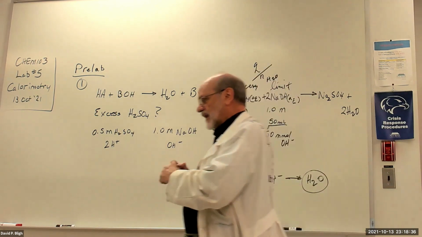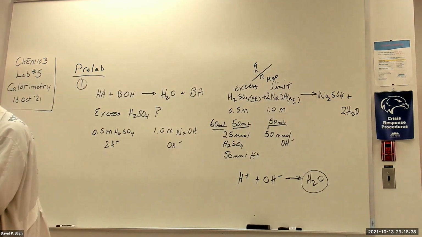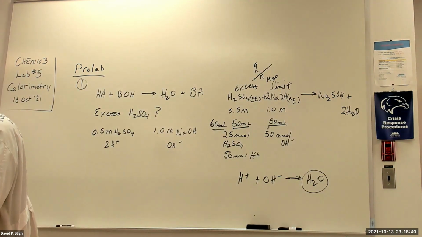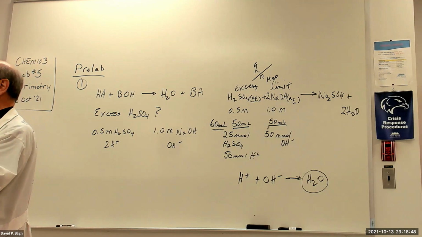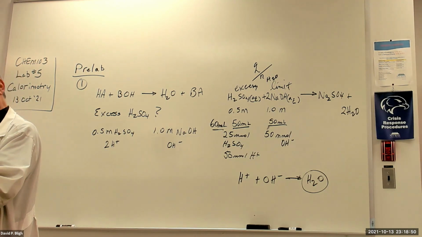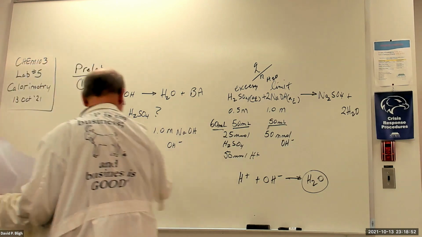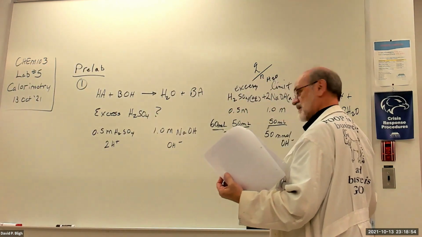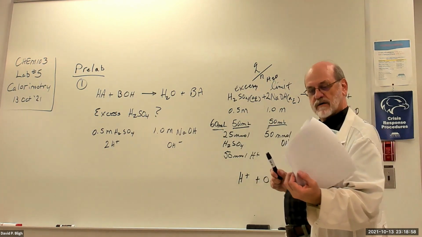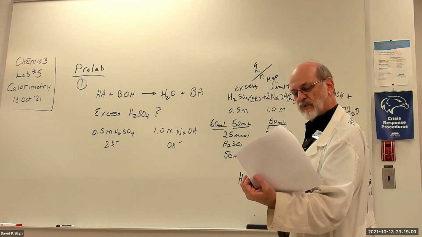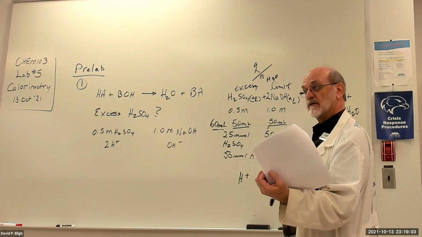And if you look at the last page of the method, there's a table back there, right here. That gives you accepted values. And the bottom one is the accepted value for this reaction. Right? How much heat is produced per mole of water? Minus 57.9, so it's an exothermic reaction.